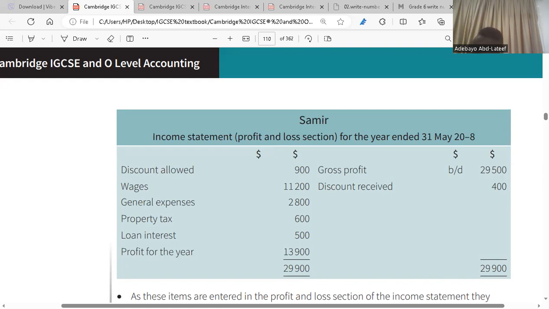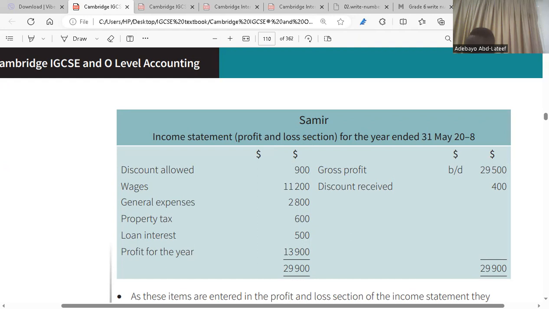Interest on loan, 500. We didn't put it, right? We can just put it here. I wrote it already, loan interest. So you have 500, 900. That's 1,400.